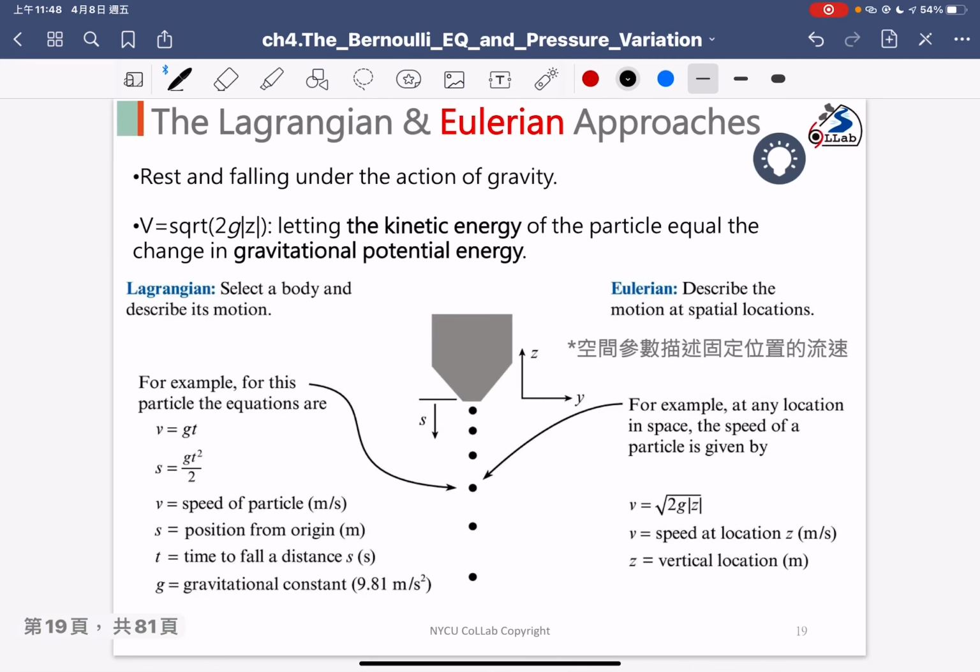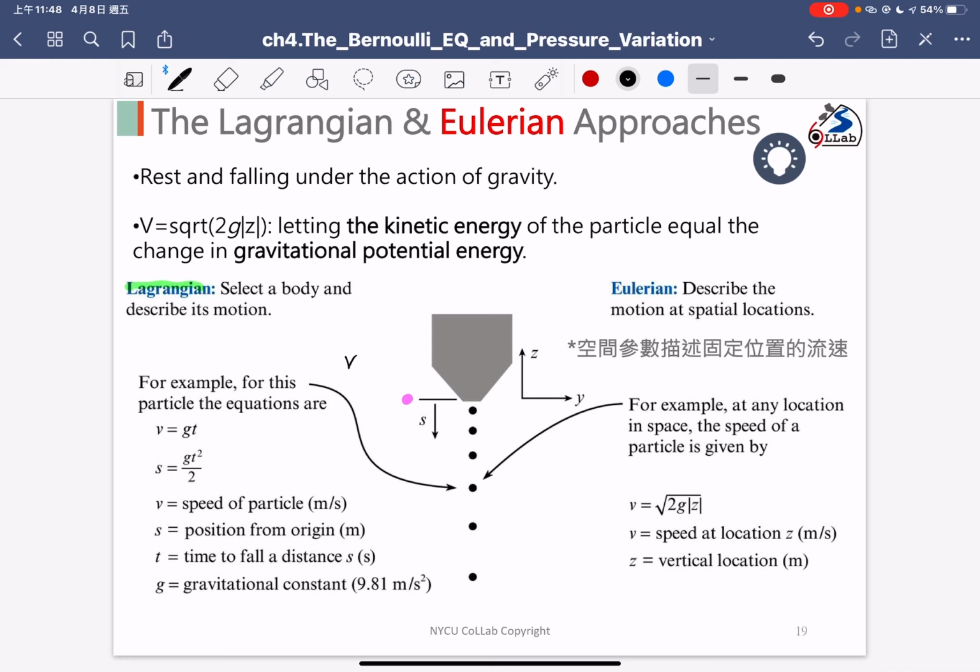So there is one very good exercise to explain the difference between the Lagrange and the Eulerian. Again, for the Lagrange, we need the initial point. So I pick up the initial point at this one, and based on the function, what function do we have?